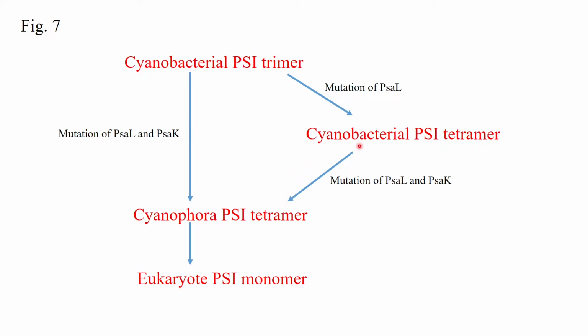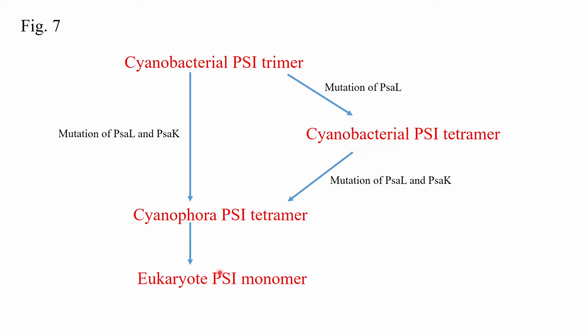On the other hand, about cyanobacterial PS1 tetramer, mutation of PsaL and PsaK may also induce the formation of Cyanophora types of PS1 tetramer.